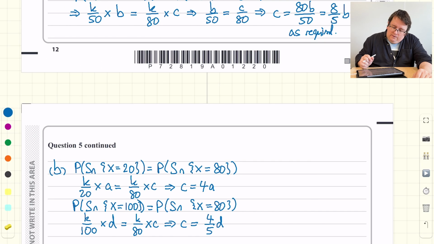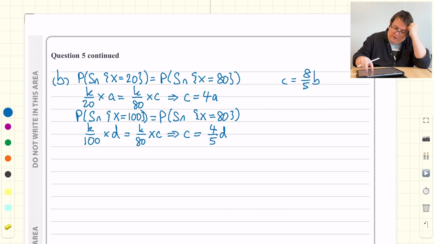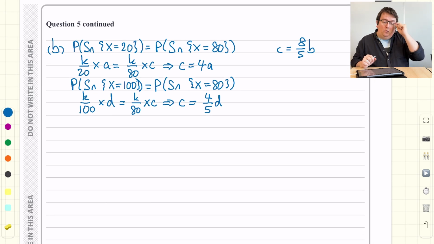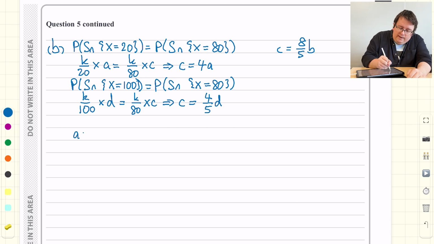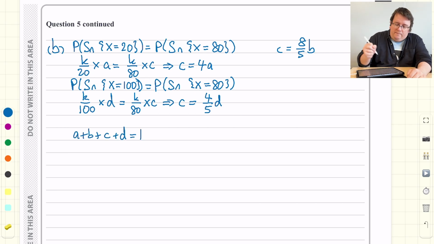Right. So, alongside C is 8/5 B, I now have C written in terms of A, B, and D, and I know that A plus B plus C plus D must be equal to 1.